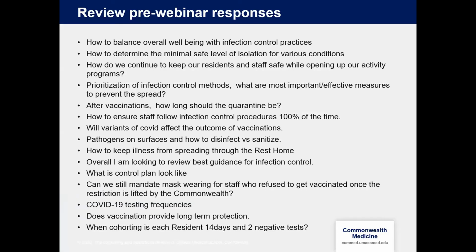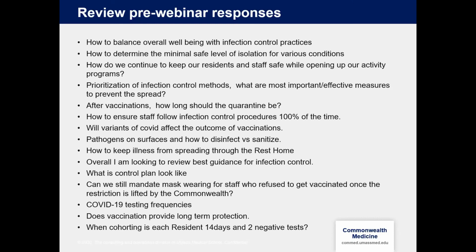And so some of the pre-webinar responses were talking about how to balance infection control over well-being when you have infection control practices, how to determine the minimal safe level of isolation for various conditions, how do we keep our residents and staff safe while operating in our activity programs, prioritizing infection control methods and what's really important and effective to control the spread. And then after vaccinations, how long should the quarantine be?